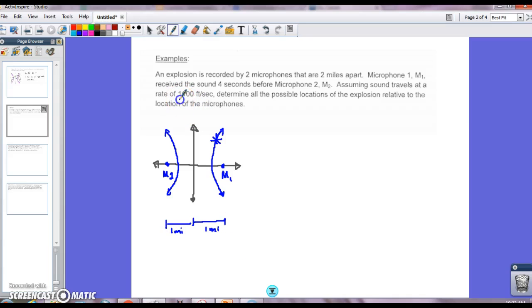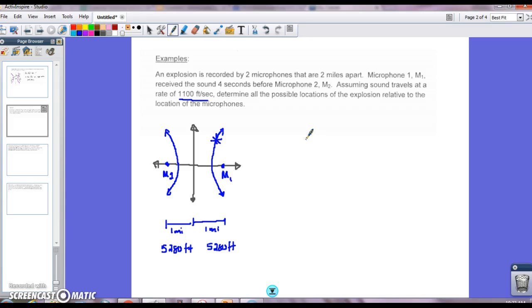But I've got this information here about sound traveling 1,100 feet per second, so I'm going to convert my miles into feet. There's 5,280 feet in a mile. The only reason I converted it into feet is because the speed units that we have are in feet per second. They don't give it to us in miles per second.